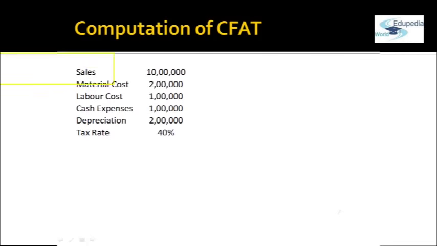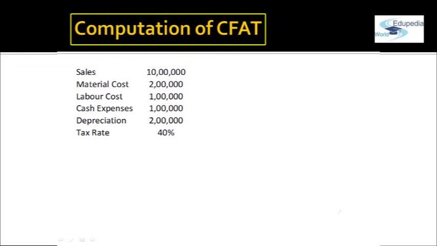The sales are 10 lakh rupees, material cost 2 lakh, labor cost 1 lakh rupees, cash expenses 1 lakh, depreciation 2 lakh. If I ask you to compute profit, you will simply reduce 2 plus 1 plus 1 plus 2 from 10 lakh rupees and you get the profit. But depreciation is a non-cash expense.